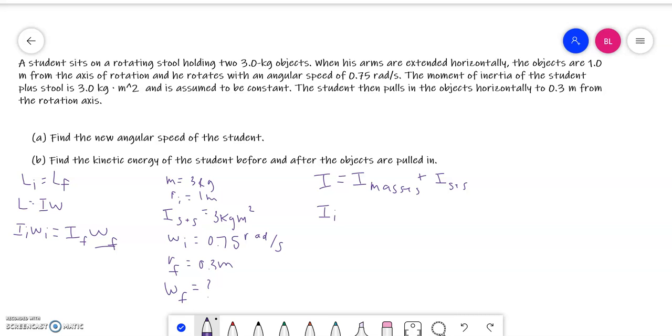So the initial moment of inertia will be 2 times the mass times the initial radius squared plus the moment of inertia of the student plus the stool. And the final moment of inertia will be 2 times the mass times the final radius squared plus the moment of inertia of the student and the stool.